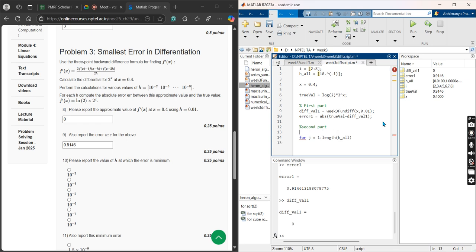Second part: I will initialize the variables diffval2 and error2.